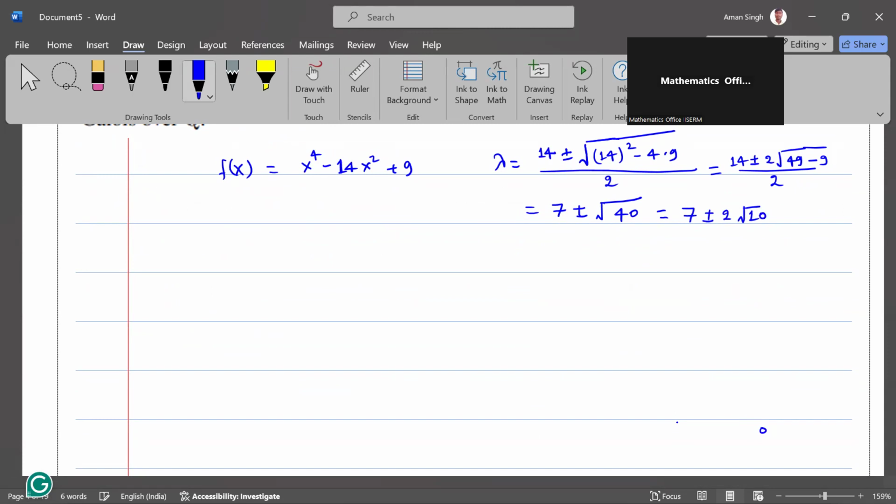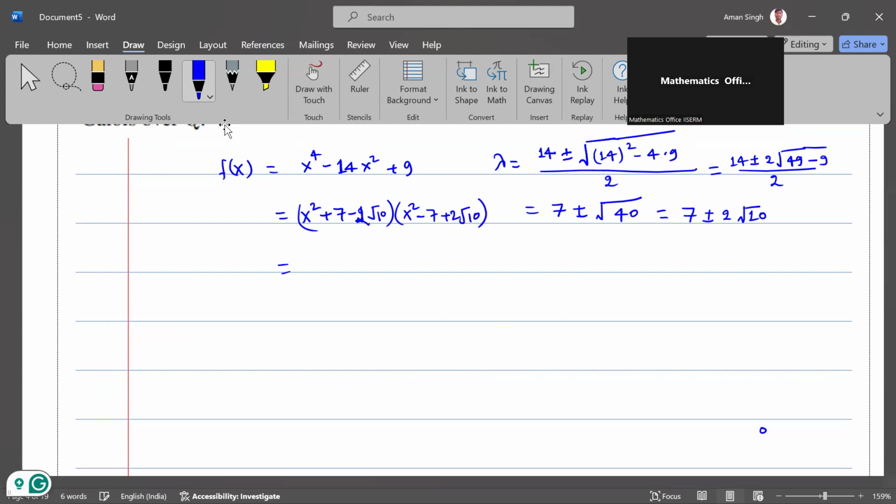So we have calculated the 2 roots of this. So we can write this as x square minus 7 minus 2 root 10 and x square minus 7 plus 2 root 10.